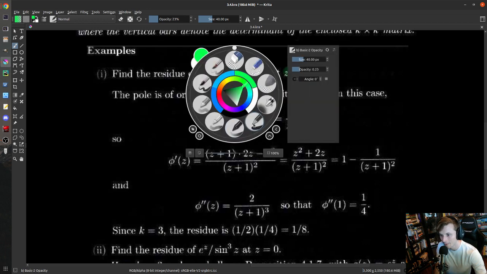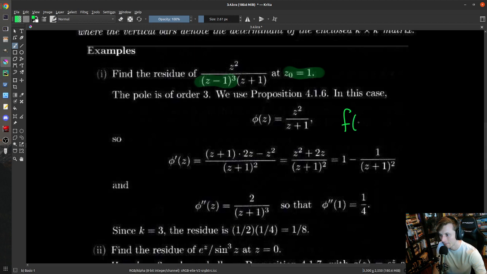So that is f of z times (z minus 1) to the k, such that you can define the limit as z goes to 1, right? Then this k, such that this limit will exist, is going to be 3, right? So this is phi. Okay, cool. Basically just take out that chunk. It works for polynomials.